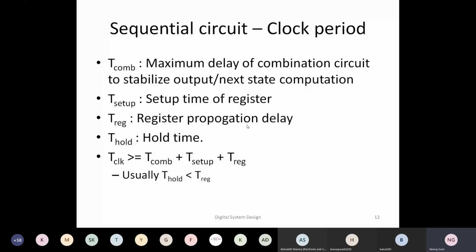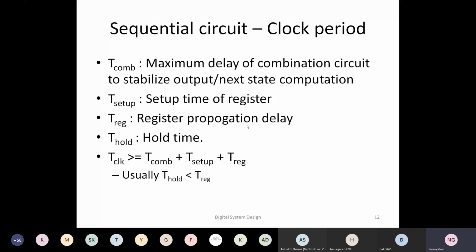Similarly, there are T setup and T hold, which we have recently discussed. Whatever is the setup time of my flip-flop, or this register, which is essentially an array of flip-flops, that would be the setup time of the register, because the register has all these flops in parallel. Along with hold time and setup time, the register will also have a propagation delay.